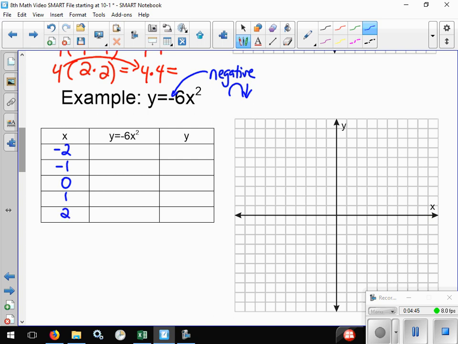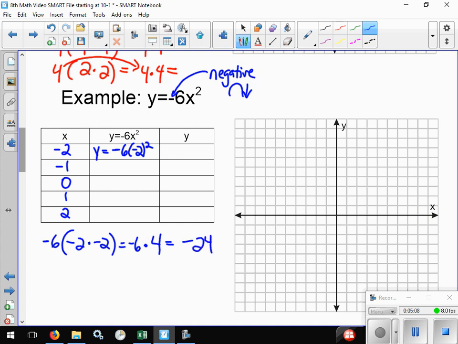Okay, so let's plug it in. Y equals -6 times -2 squared. So it's -2 times -2, so that's the squared. Then we're multiplied by -6. So what's -2 times -2? 4. 4 times a negative 6 equals negative 24.